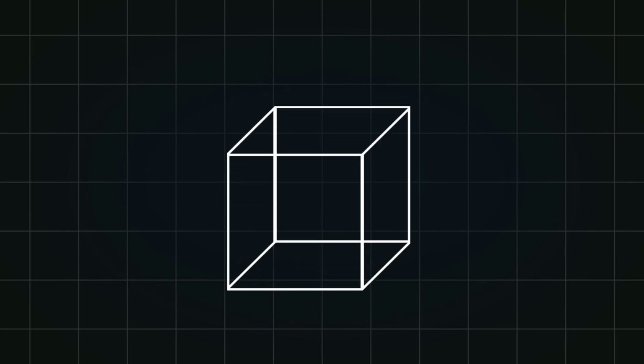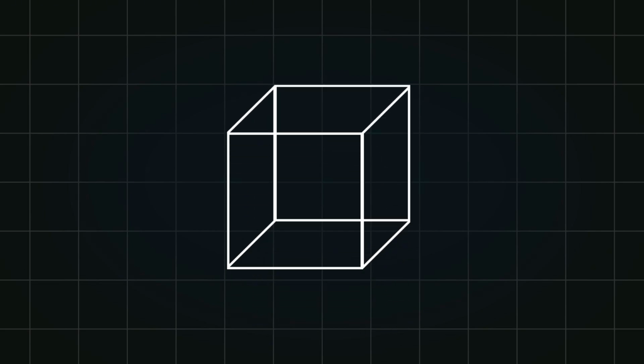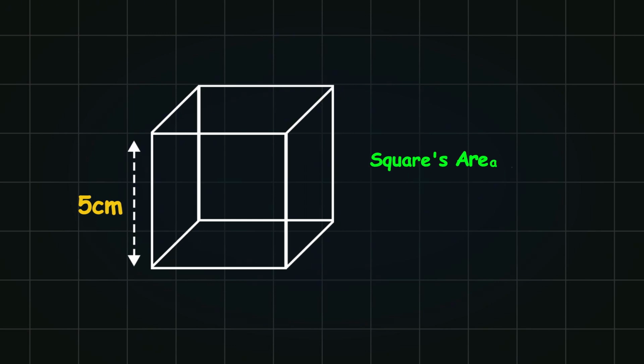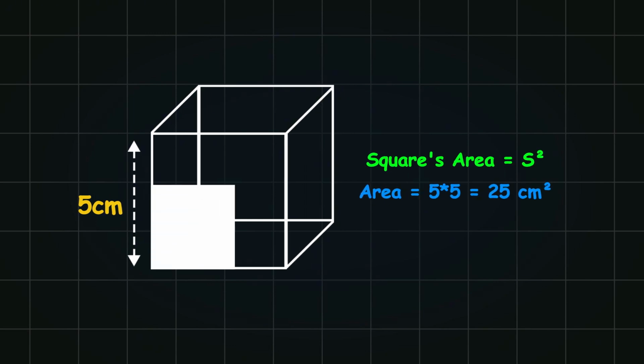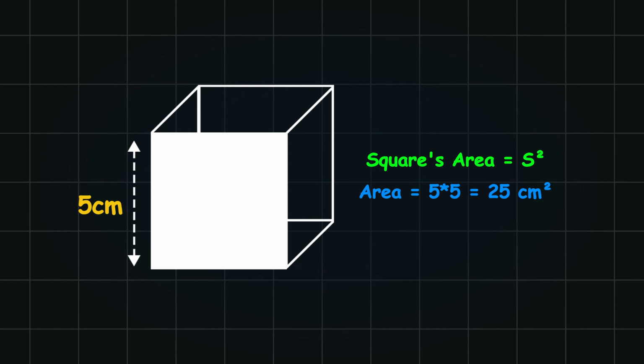Let's imagine we have a cube, and let's say that every single side has a length of 5 centimeters. To be able to find the volume of the whole cube, I will have to do 5 times 5 to find the area of our square.